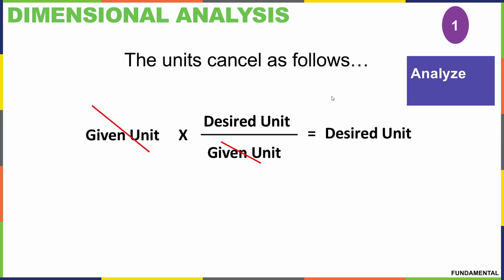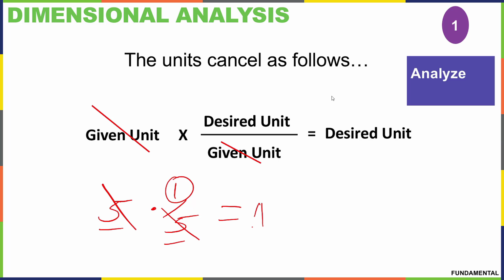Whatever unit that you're wanting to get rid of, that you're wanting to convert into something else, if it's in the numerator, in the next step, simply put it on the denominator and that cancels it out. Guys, it's kind of like saying you've got 5 times 1/5. You have this on the numerator, this on the denominator. Guess what you can do? You can cancel them out and then you get the answer.